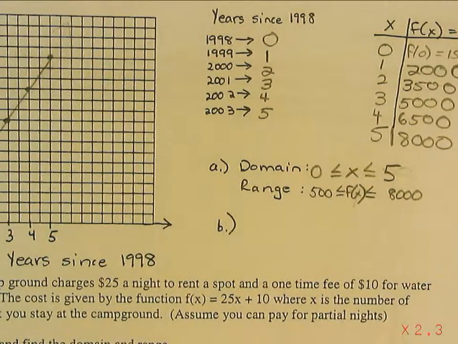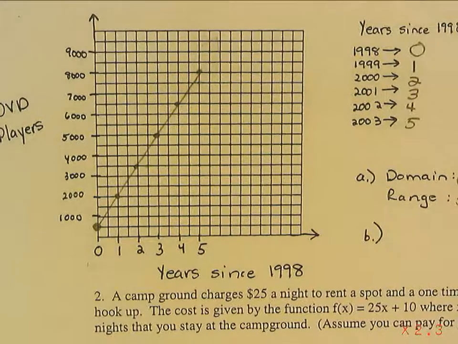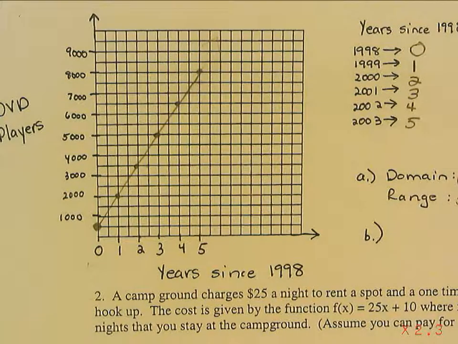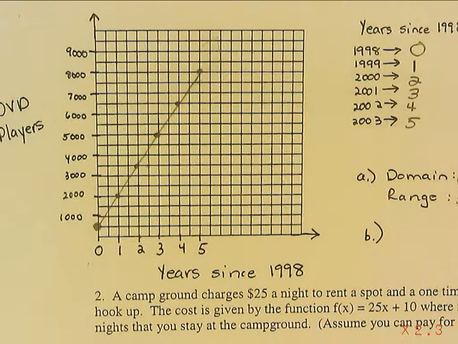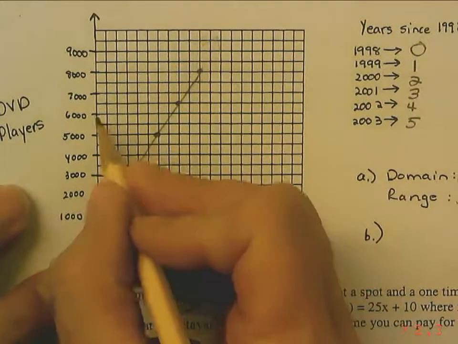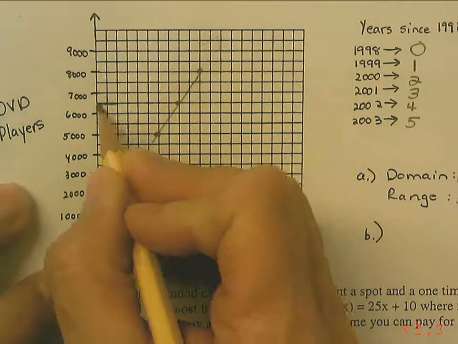Okay? Now, part B says, find the value of x so that f of x equals 6,500. There's 3 different ways you can do this on this particular graph. One way is I find 6,500 over here.